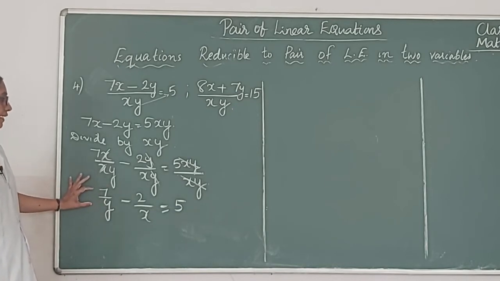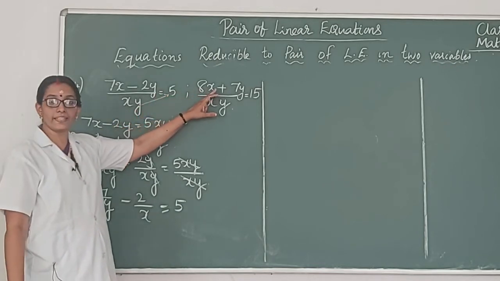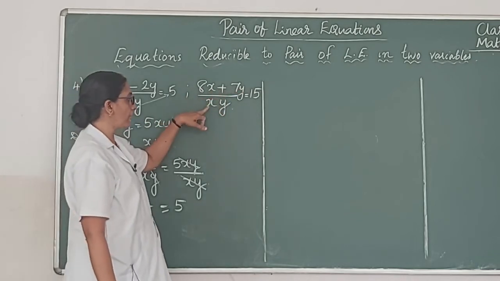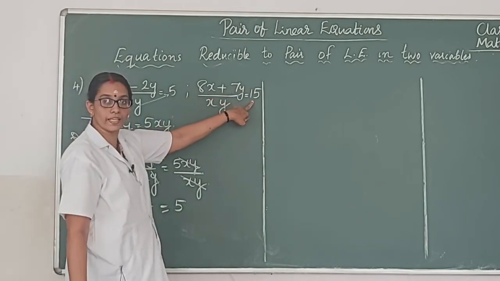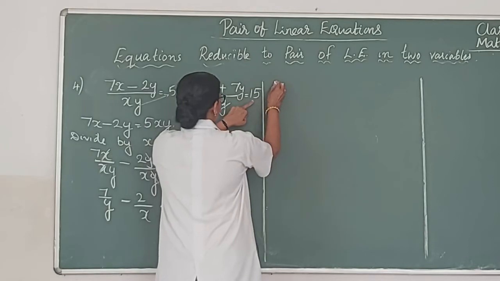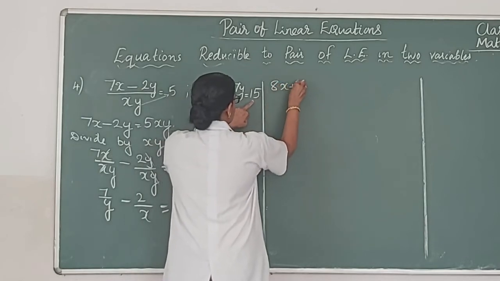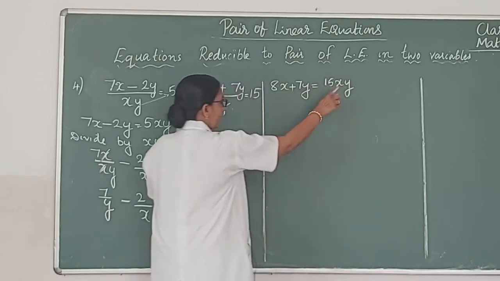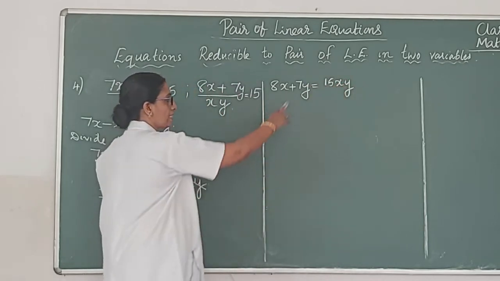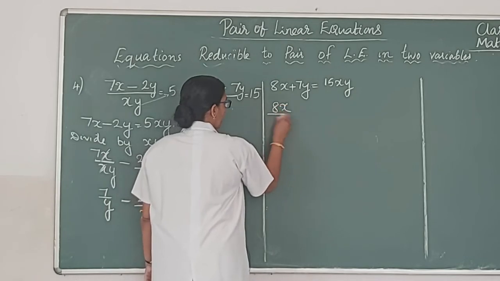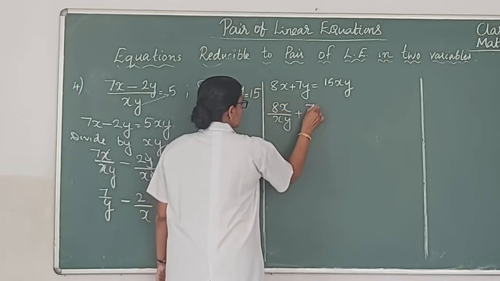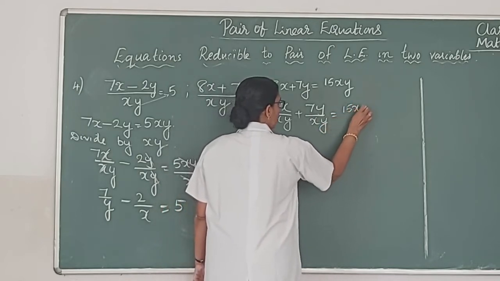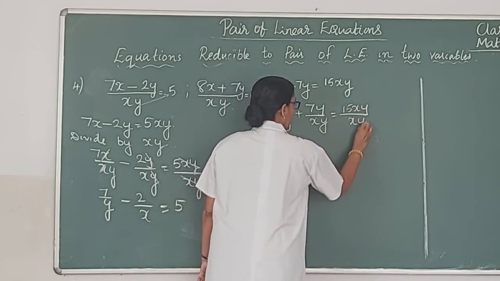In the same way, we can consider the second equation also. How can we write it? (8x + 7y)/xy = 15. We can write it as 8x + 7y = 15xy. Divide each and every term by xy. So 8x/xy + 7y/xy = 15xy/xy.